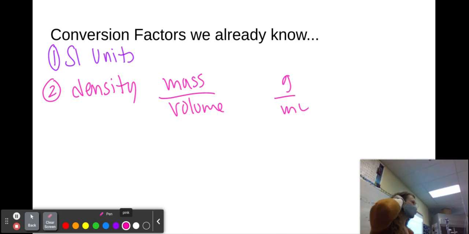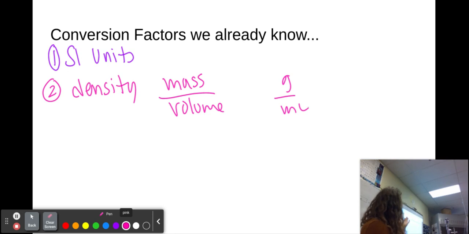Now, is the density of cotton going to be the same as the density of copper? No. Every specific thing has its own density. So unfortunately for us, there's no periodic table piece of information that tells us density. If you want to know the density of something, you have to look it up.